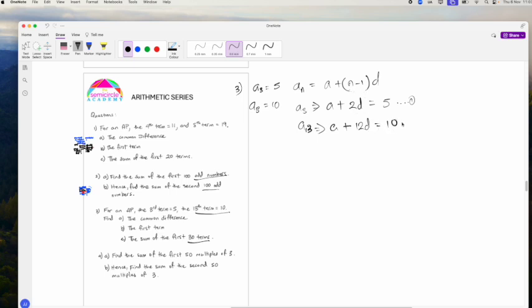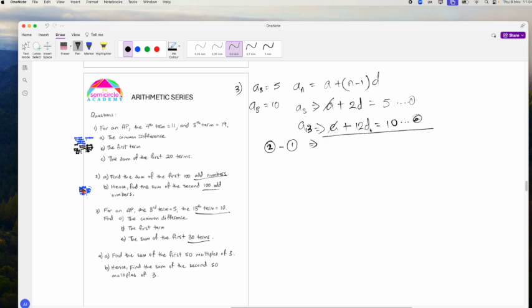Now we have equation 1 and equation 2, and I'll do equation 2 minus equation 1.